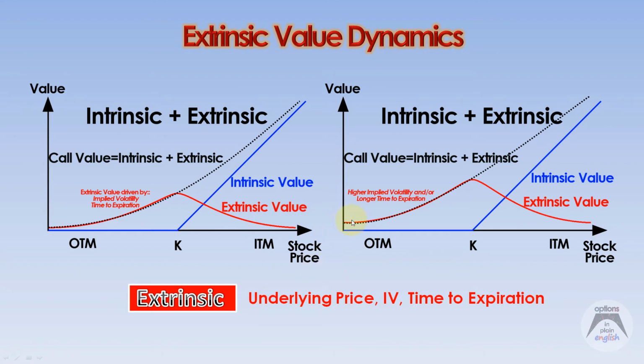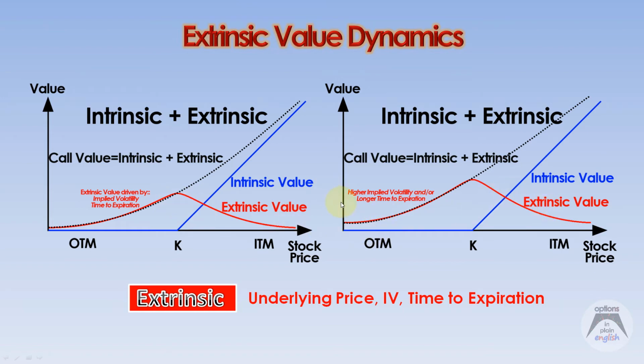But the little curve here that represents the extrinsic value, which is somewhat normally distributed, let's say log normal in reality, but let's stick with normal because it's something that pretty much all of us know from taking statistics in school or something like that. If you think about this as being a normal distribution curve, we are just pushing it higher at every point.